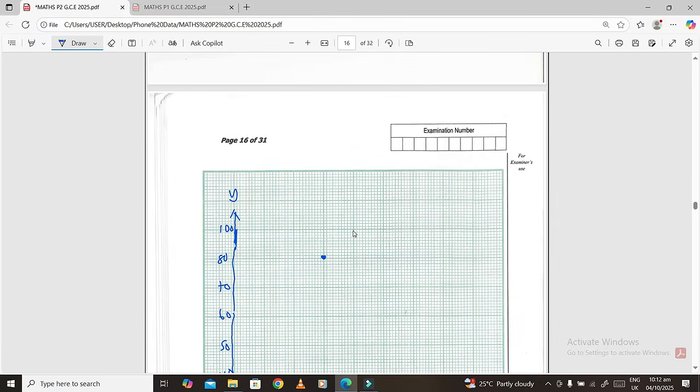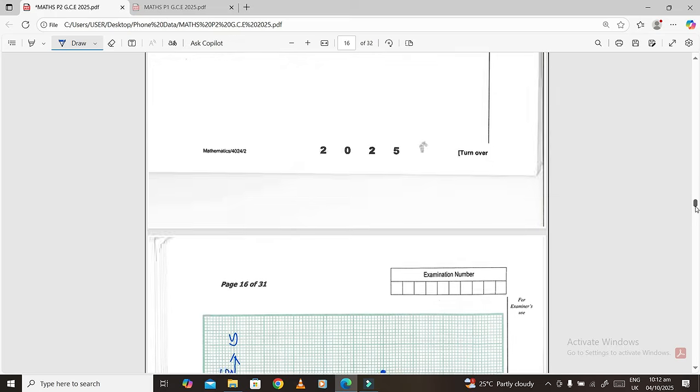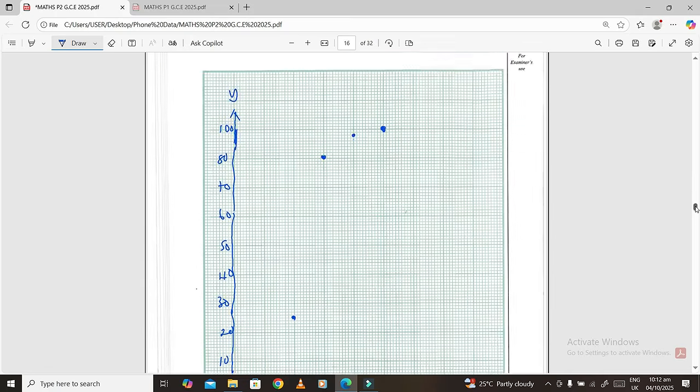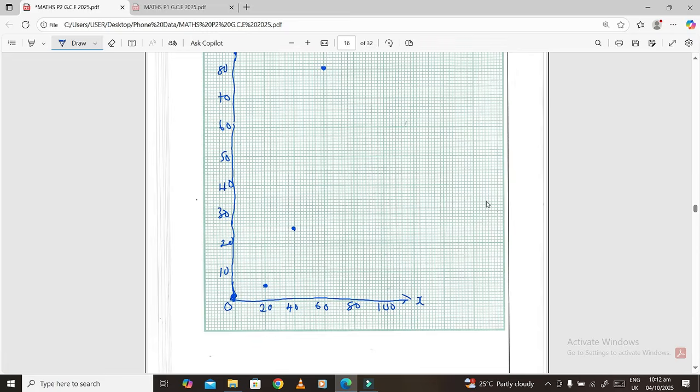It's supposed to be somewhere here, and the last one is 100,100. So don't mind my drawing very much. So we have to do now this curve. It's going like this, joining those points so that our shape can look good.